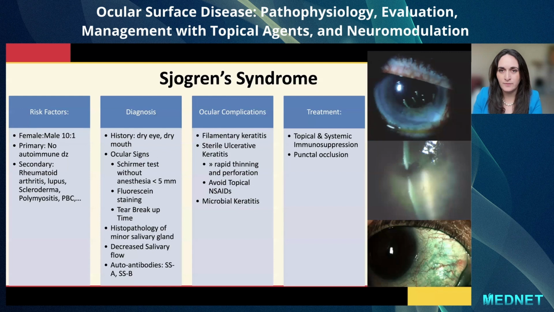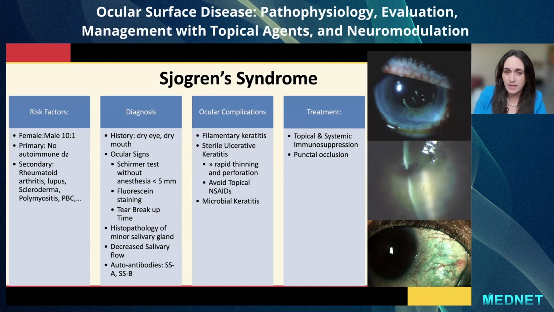Next we're going to shift focus a little bit and talk about Sjogren's syndrome. This again is increased in females more than males, a 10-to-1 ratio, which is higher even than dry eye disease. There's a primary and secondary component. Primary does not have an associated autoimmune disease. Secondary is associated with other autoimmune diseases like rheumatoid arthritis or lupus.